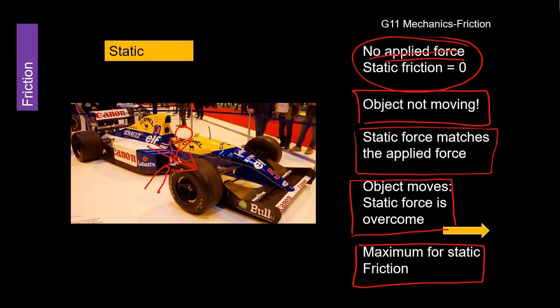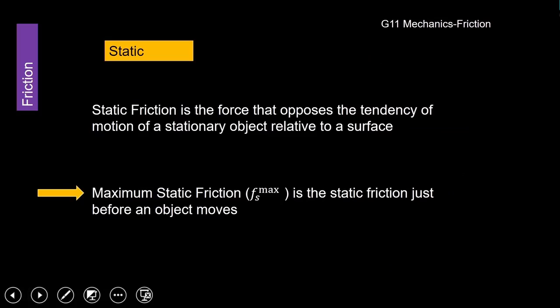Interesting, isn't it? So let's have a look at how we can put this into words. So we've got static friction. What is it? It is the force that is stopping movement. Friction always works in the opposite direction to movement. It opposes, it goes against the tendency to move. Why only the tendency?